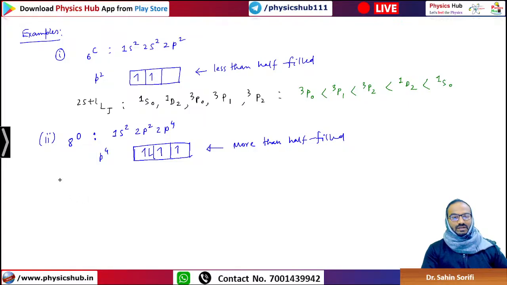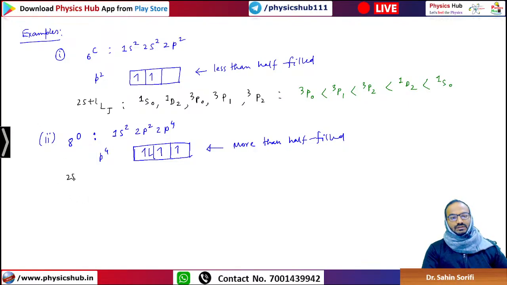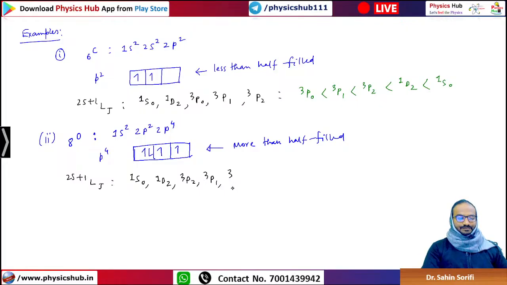Okay, so let us first write the labels. We have 2S+1 L J. You can get these labels: 1S0, 1D2, 3P0, 3P1, 3P2.